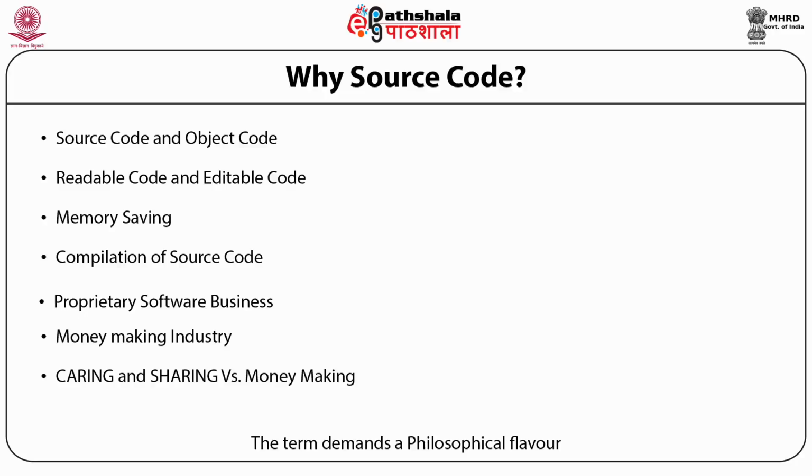And compilation of the source code can be done at any point of time. This gives freedom for anybody to modify the source code, and it stands as a challenge for proprietary software. And this could be a threat to the money-making industry where software is sold.